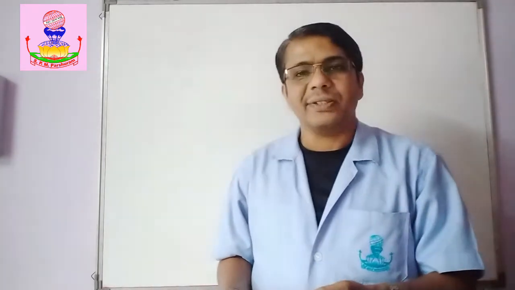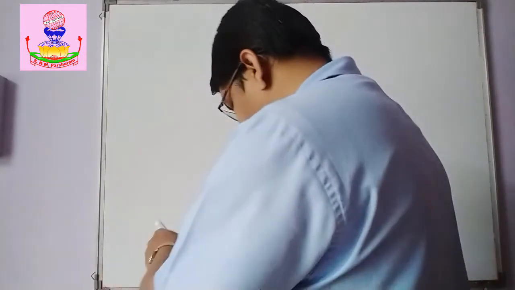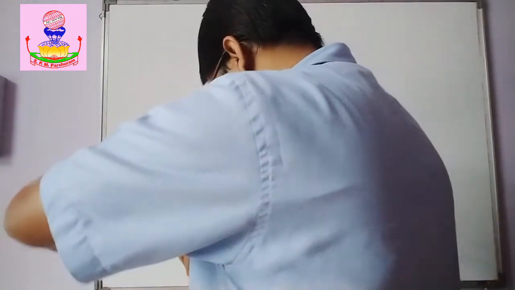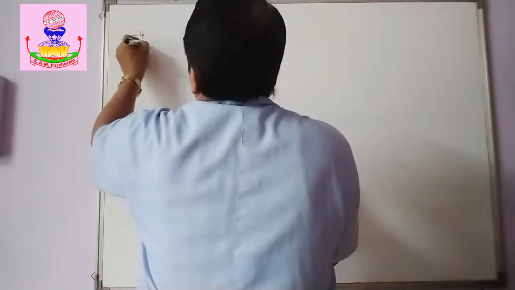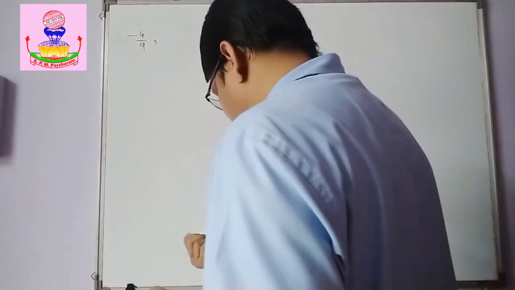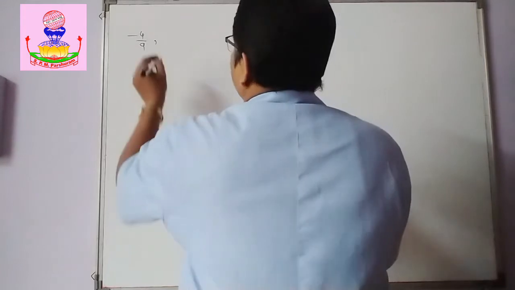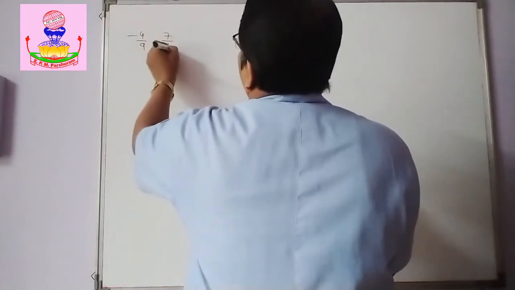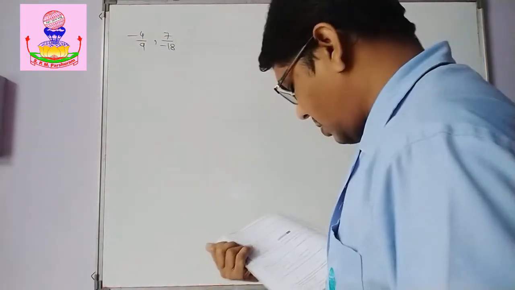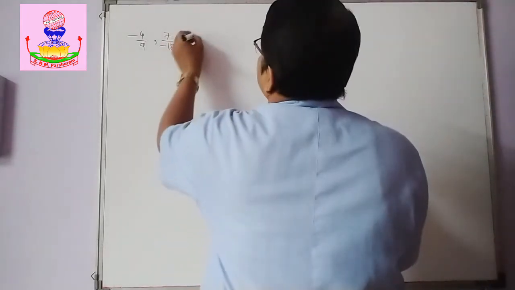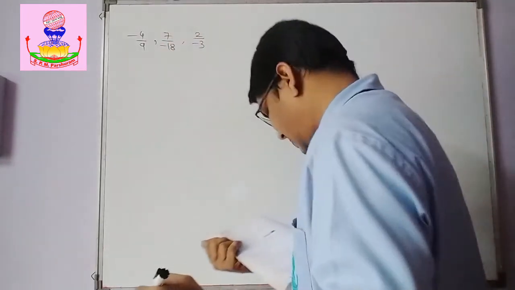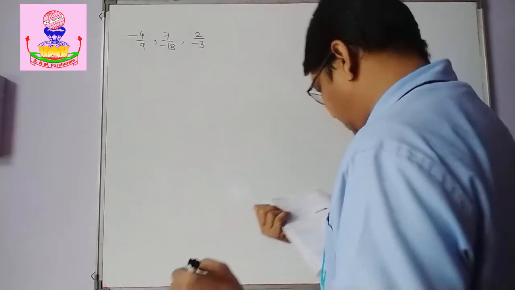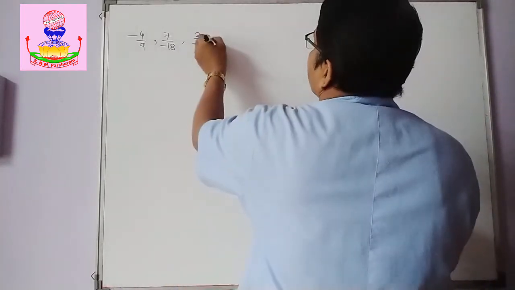Now second example, find the correct alternative for the following numbers when arranged in the ascending order. Okay, now here it is minus 4 upon 9, then 7 upon minus 18, 2 upon minus 3, and minus 5 upon 12.